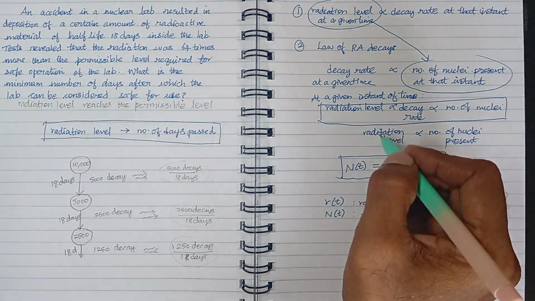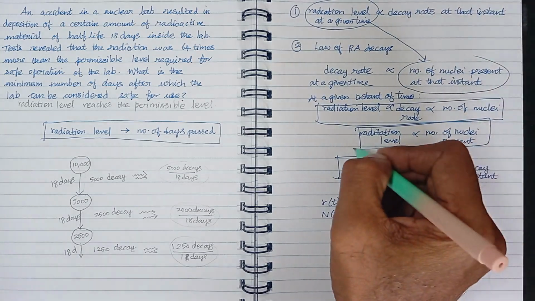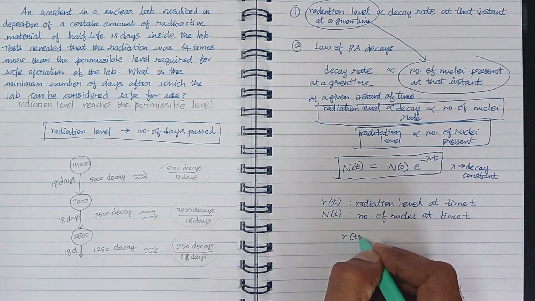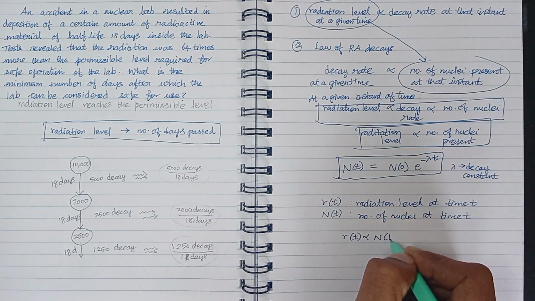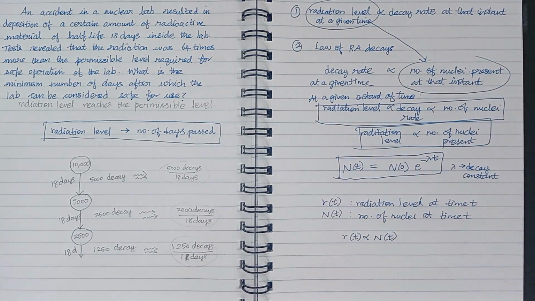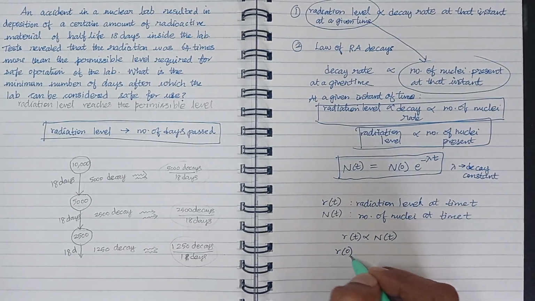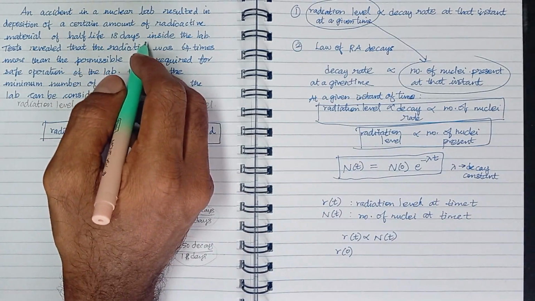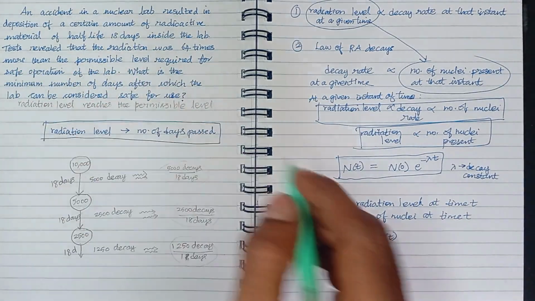We have established that r of t is directly proportional to n of t. In the problem it is given that r of 0, the radiation at time t equal to 0, is 64 times the permissible level.